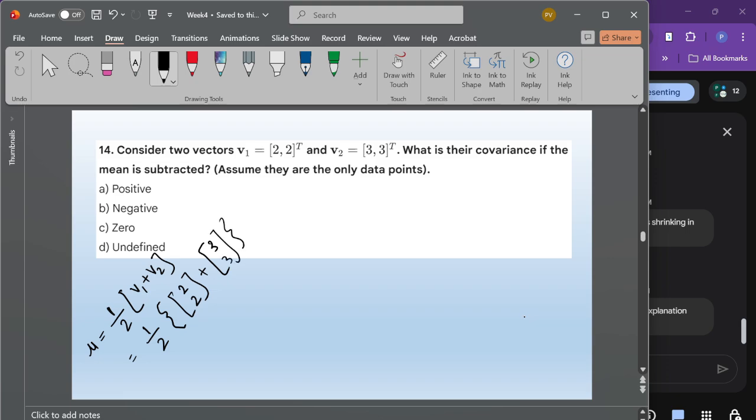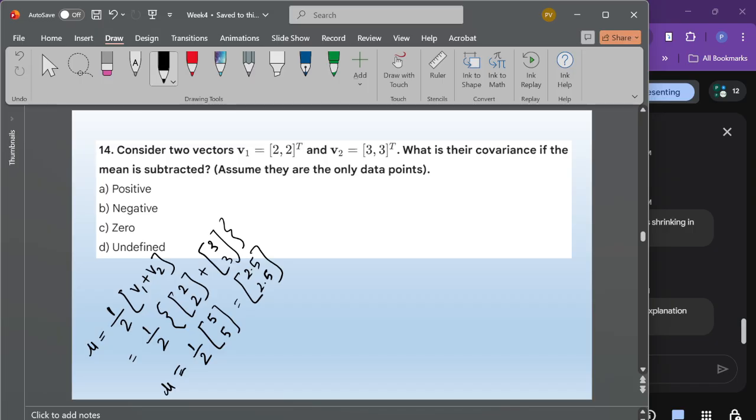If you add these two, 1 by 2, that is 5 and 5, right? Further, if you divide it, 2.5 and 2.5, this is the mean of the given vector matrix. This is the mean vector we have derived.